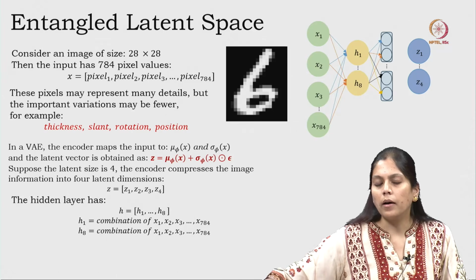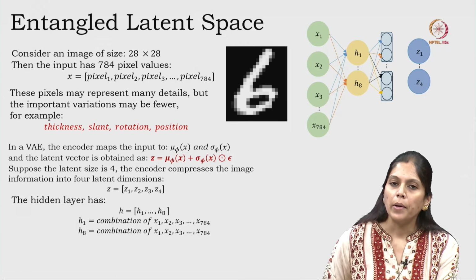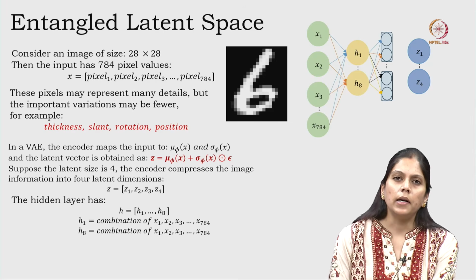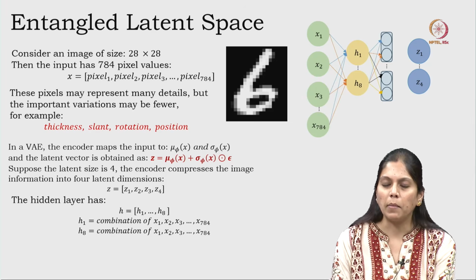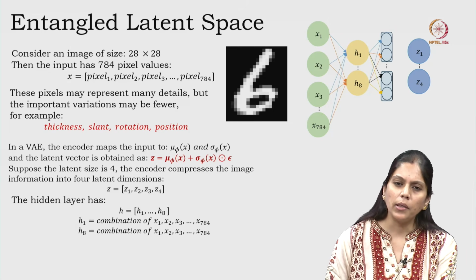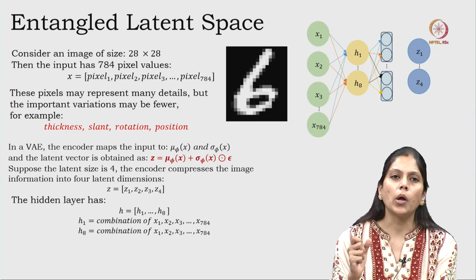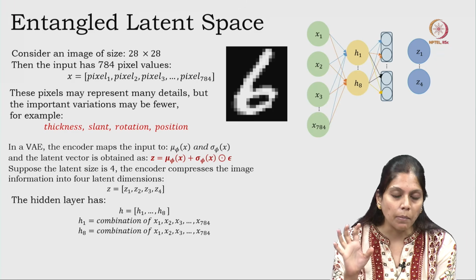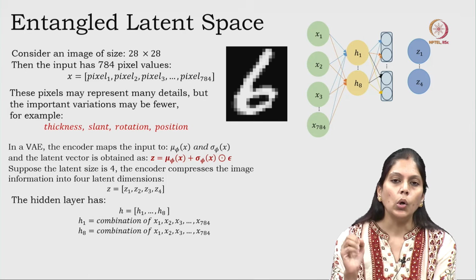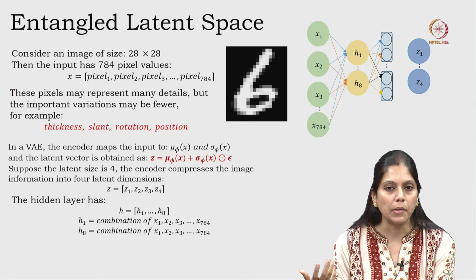Now, when we say Z1 to Z4, what is the meaning of this? Let the input be of any dimension, of any size, but in that input there will be a few important variations or important characteristics in that particular data. So here Z1 to Z4 we are calling a latent representation.